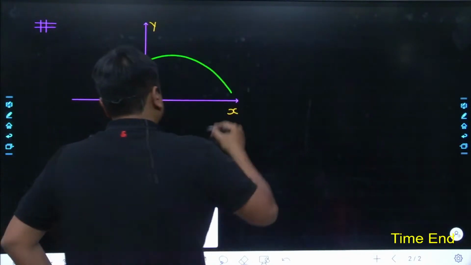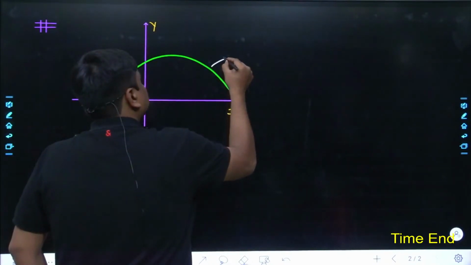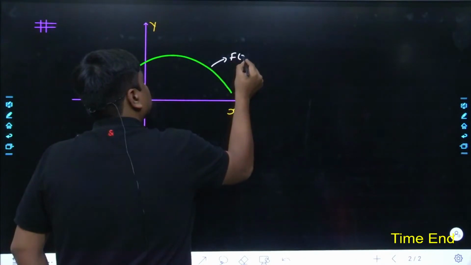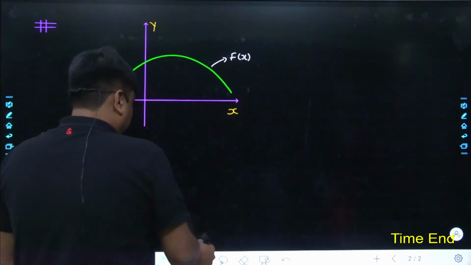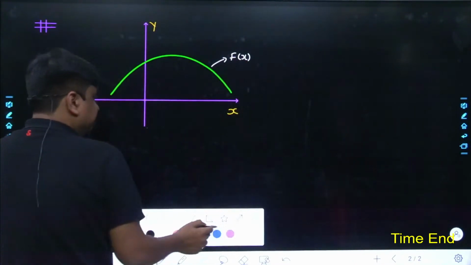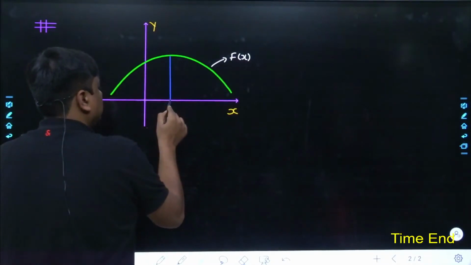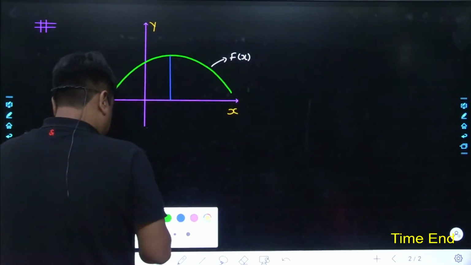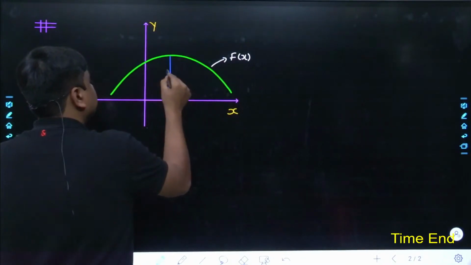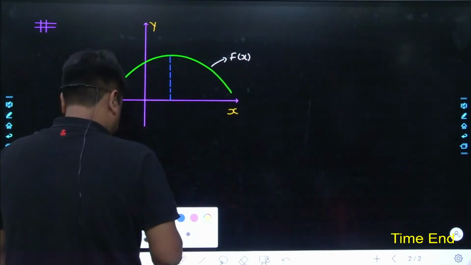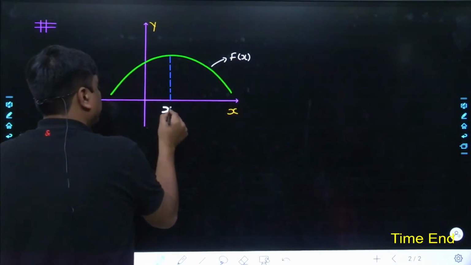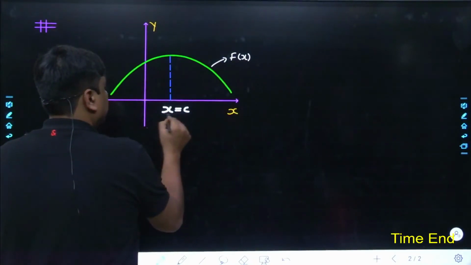This is the function f of x. Let's take my point of interest to be x equal to c.